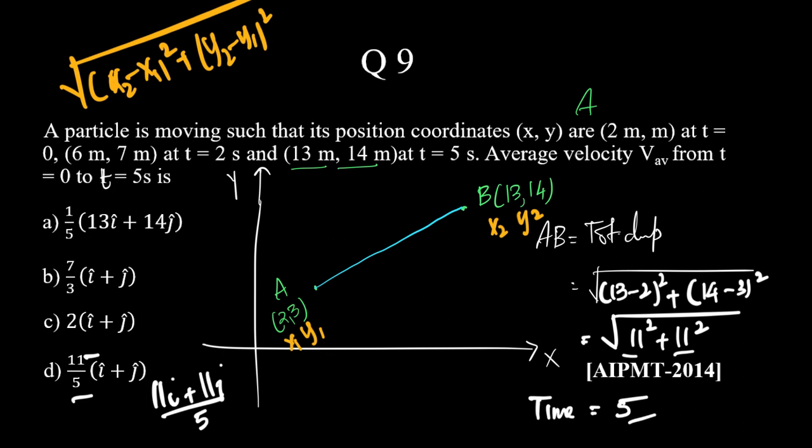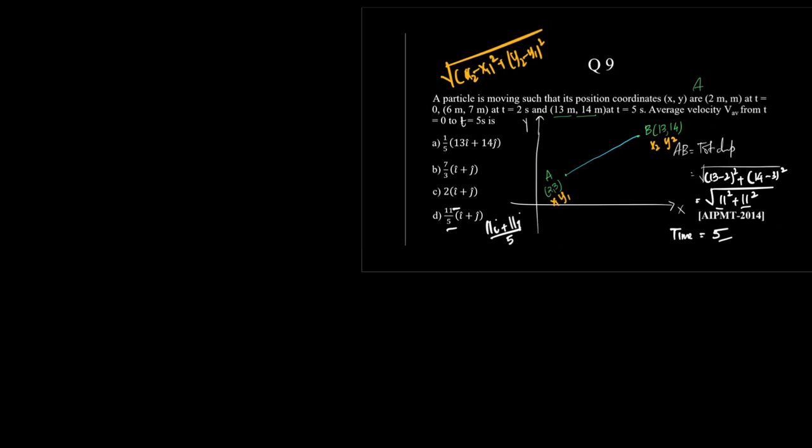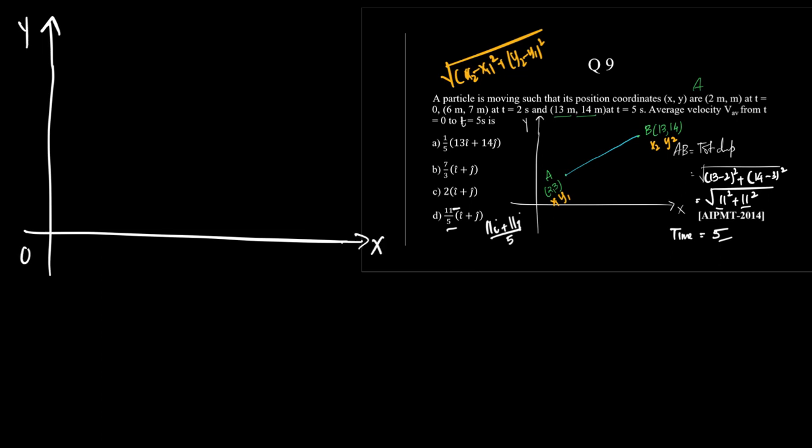Now, let us try to understand it in the pure vector method, right? So what we have here is, say, we have a coordinate axis again, y-axis, x-axis. So this is origin, and let us say this is the first point, which is 2, 3. Now when there is a position, there should be a position vector, which I'll call vector OA.